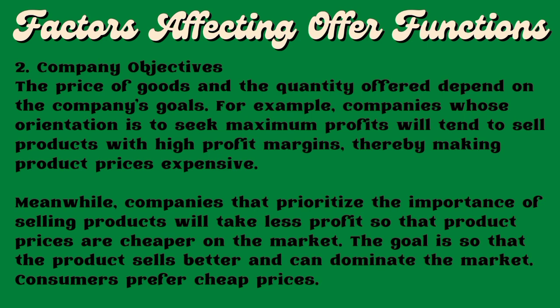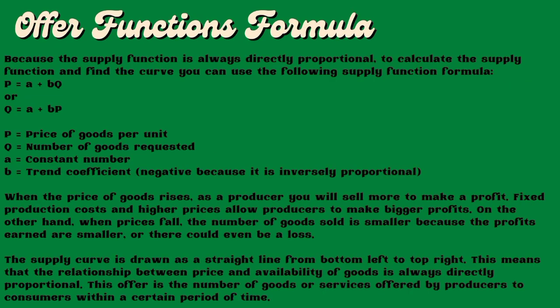Meanwhile, companies that prioritize the importance of selling products will take less profit so that product prices are cheaper on the market. The goal is so that the product sells better and can dominate the market. Consumers prefer cheap prices.